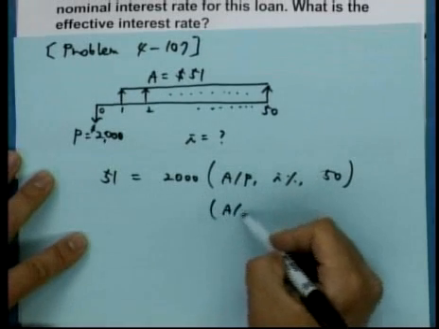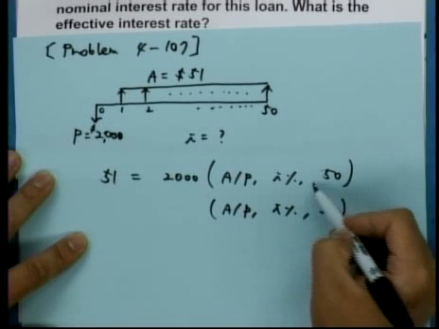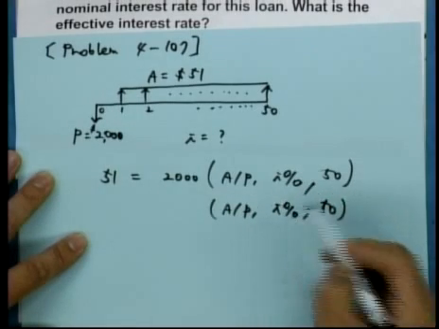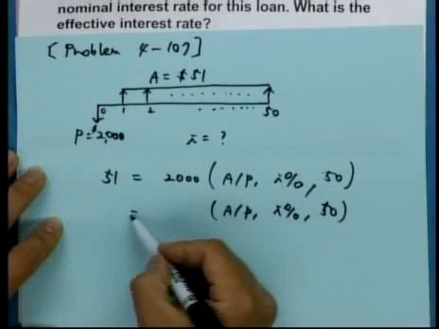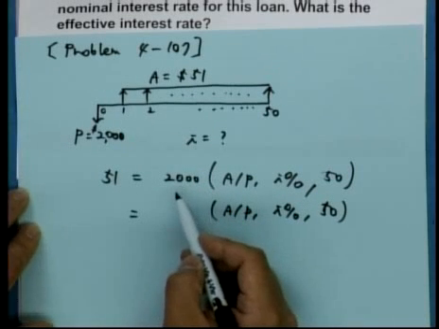So A given P, I percent over 50 periods is equal to what? 51 divided by 2,000. How much is that?